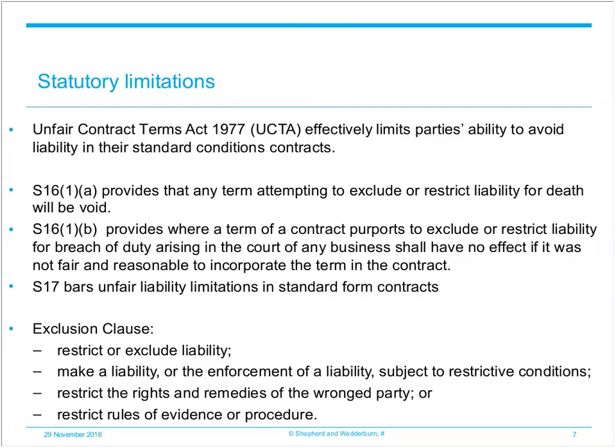Firstly, Section 16(1)(a) of UCTA provides that any term in a business contract which attempts to exclude or restrict liability for death or personal injury will be void. Secondly, Section 16(1)(b) provides that a term of a contract that purports to exclude or restrict liability for breach of duty arising in the course of any business shall have no effect if it was not fair and reasonable to incorporate that term in the contract.